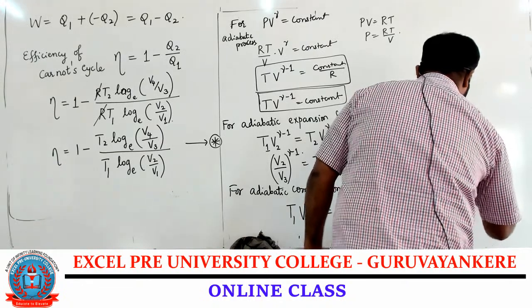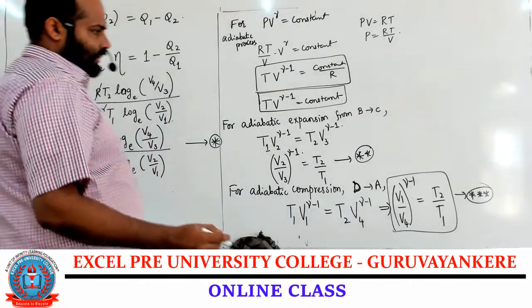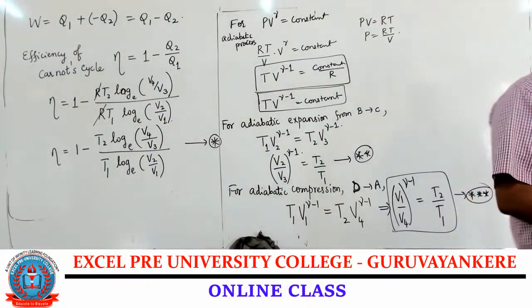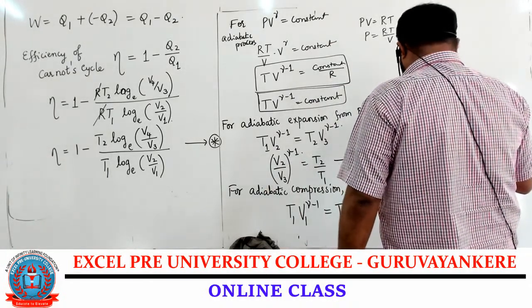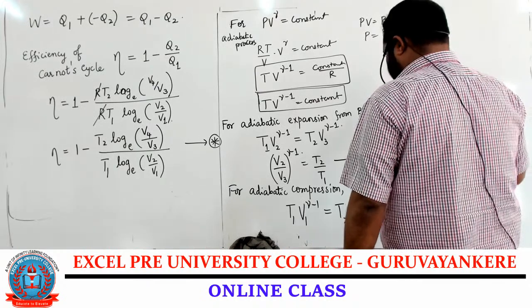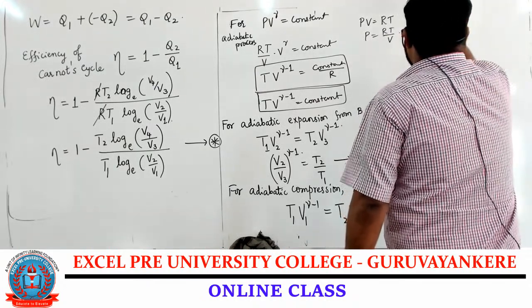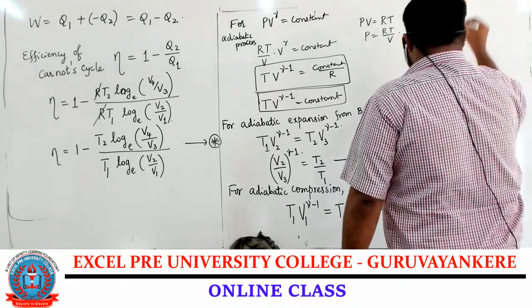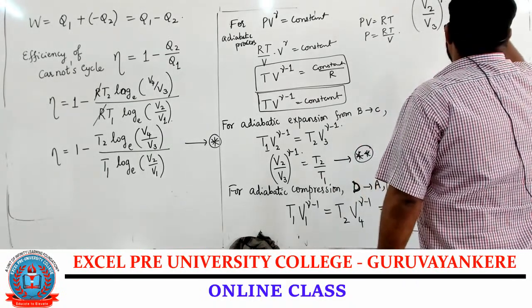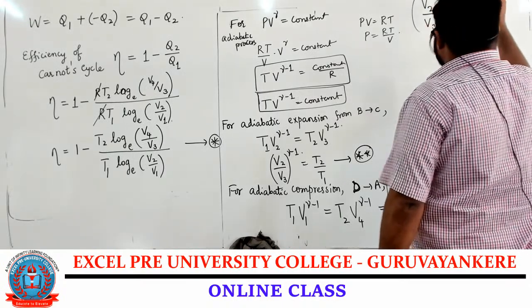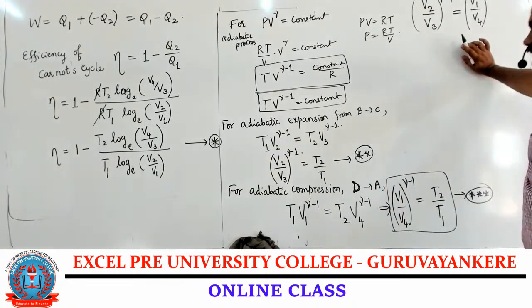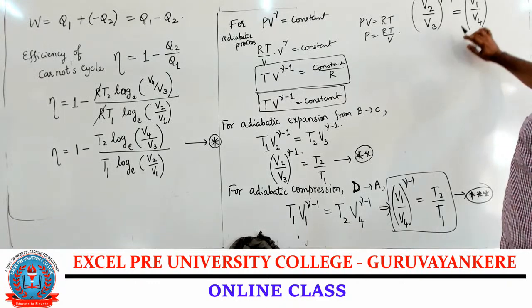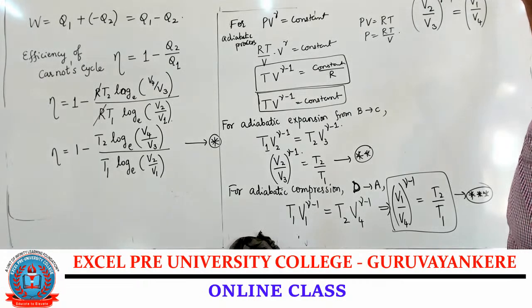Compare double star and triple star. What you get is V2 by V3 to the power gamma minus 1 is equal to V1 by V4 to the power gamma minus 1.